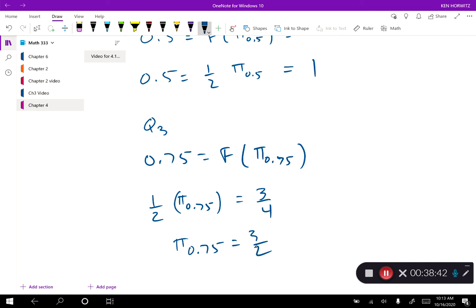All right, so there it is. There is our third quartile is 3/2.